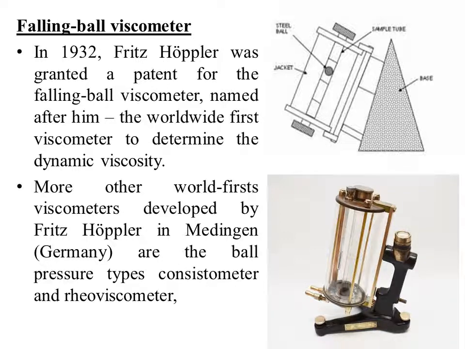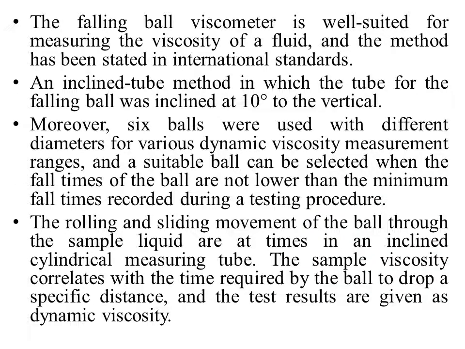Falling ball viscometer. Here, Höppler was granted a patent for the falling ball viscometer. He designed it and it was named after him, the world's first viscometer to determine the dynamic viscosity. Moreover, the world's first viscometers developed by Höppler in Meiringen, Germany are the ball pressure type consistometer and rheoviscometer. So he designed many types of viscometers, and one such type is the falling ball viscometer.